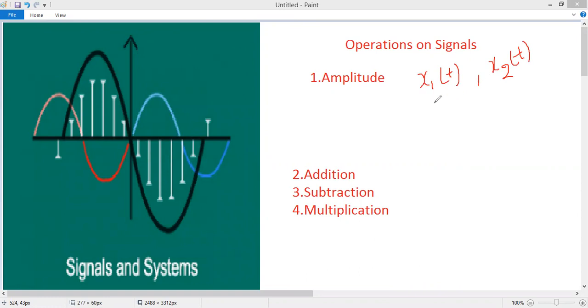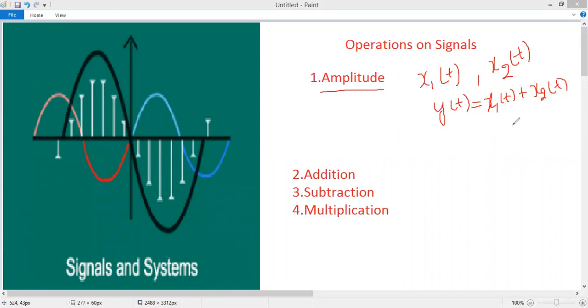My resultant signal, I am going to represent it as y of t is equal to x1 of t plus x2 of t. Here we are going to do the operation on amplitude, so that only amplitudes are added. For these two signals, amplitudes are added.